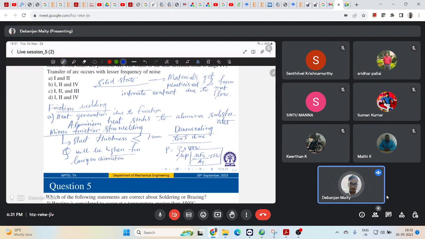So in micro friction stir welding, what happens? You are using a very small dia tool, right? Because you cannot provide that much thrust in a small thickness sheet, as it can damage the material. That's why the process window here is very narrow. Process window in the sense, what parameters do you have? You have RPM, plunge depth, plunge rate.